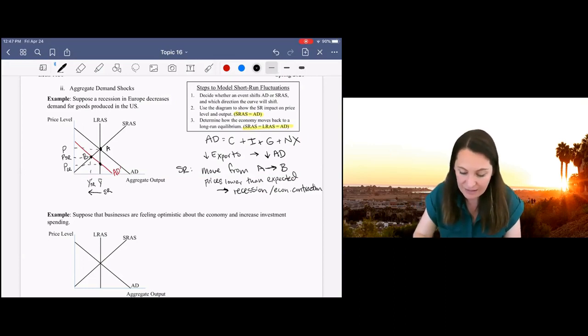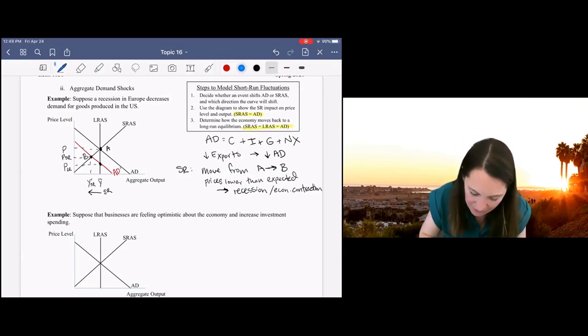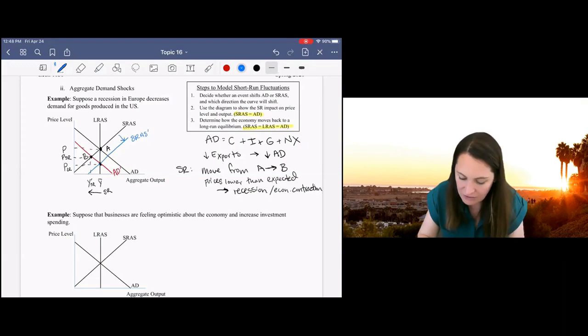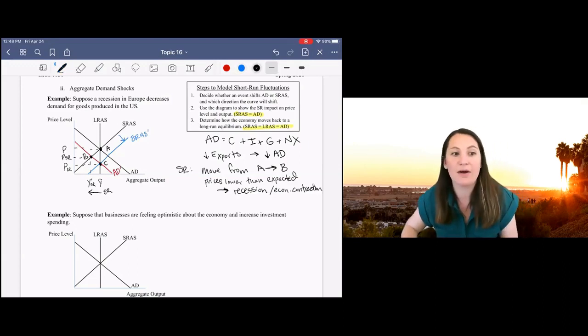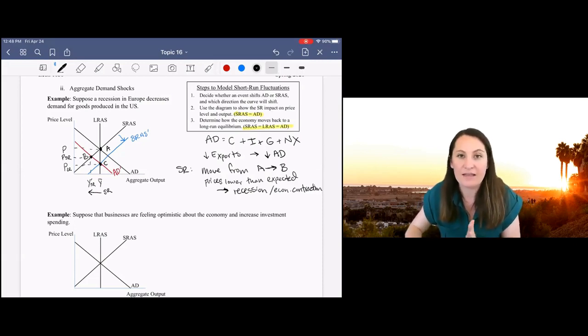And that means that our short run aggregate supply curve is going to shift out in order to bring us back to a long run equilibrium at the same level of output as before, simply with a lower price level.